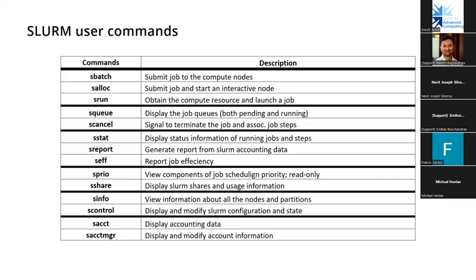That's what at least I use it for. And S-Control is kind of a Swiss knife of SLURM utilities. It's one of those commands that communicates with the SLURM control daemon and retrieves a lot of information about configuration, the state the current compute nodes are in, and so on and so forth.